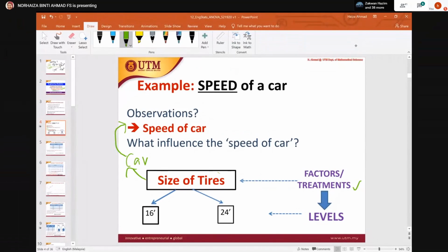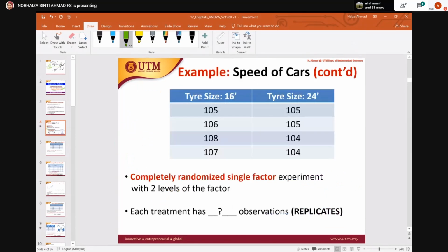The treatments are also called factors, where you apply the treatment to a car because you need a medium in order to observe the effect of the size of tires. And here you're using only two types, therefore this is the level of the treatments. Okay.